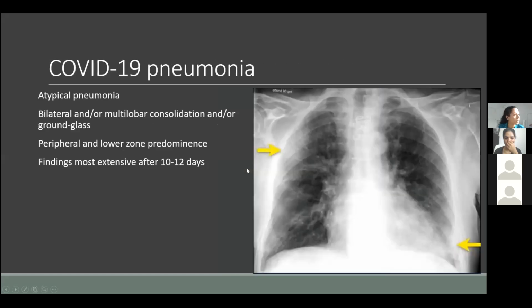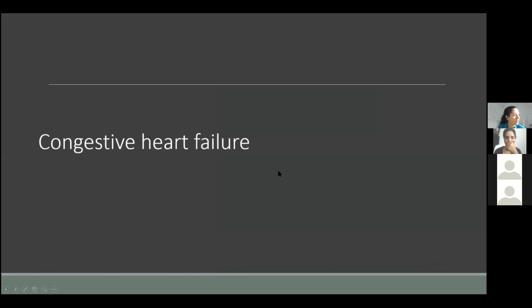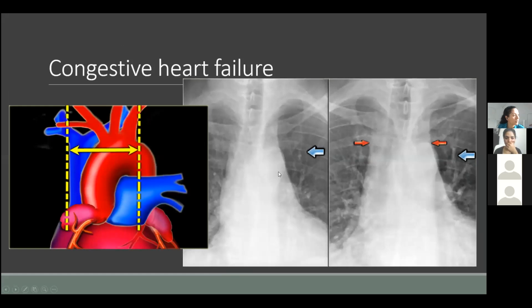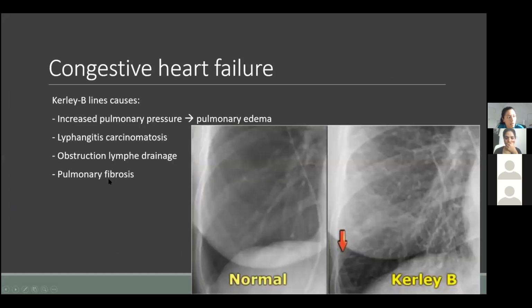As I mentioned with the curly B lines, it's also a sign of pulmonary fibrosis. So you might see more curly B lines, so thickening of the interlobular septa. That might be a sign of interstitial disease, which is also a sign of fibrosis in some patients with COVID-19.